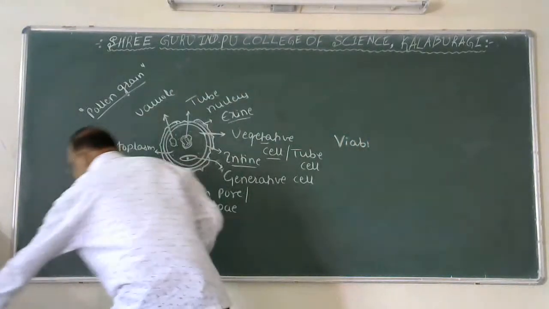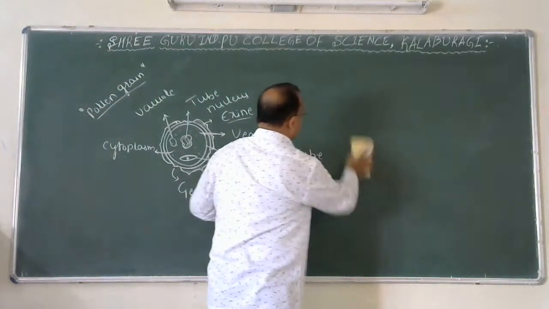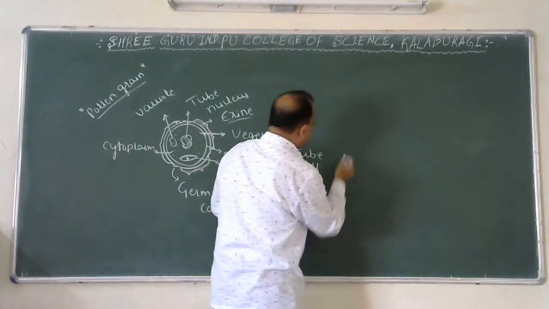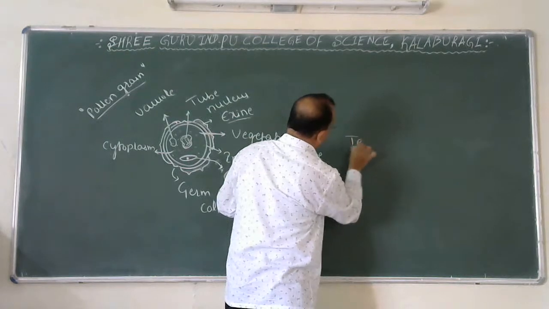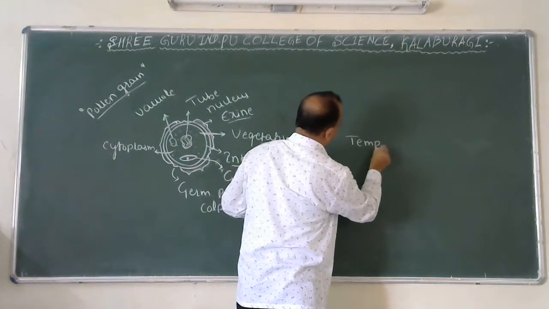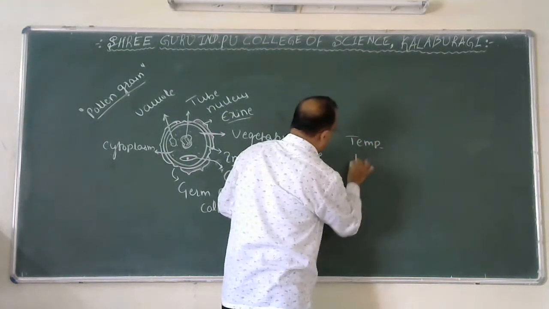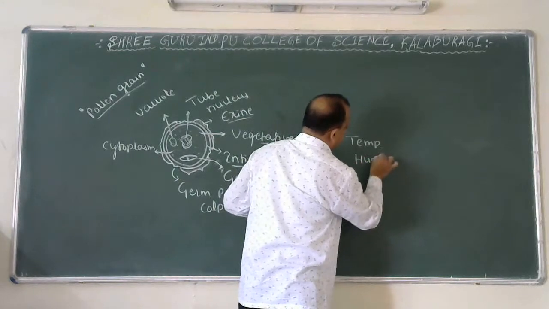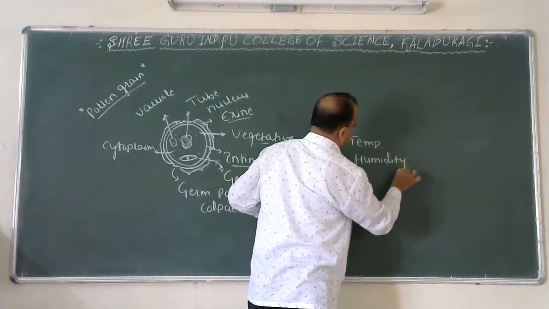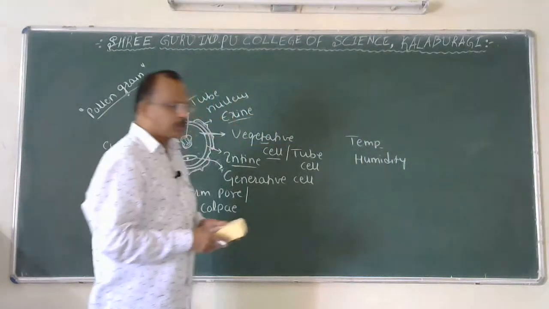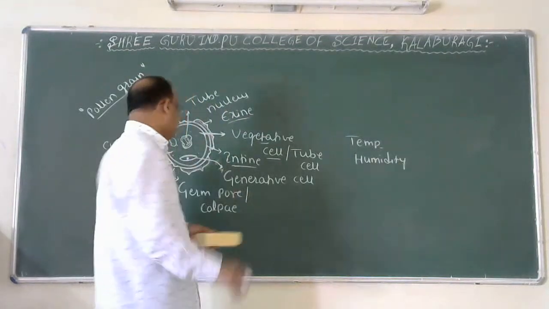Viability of pollen grain is controlled by temperature and humidity.